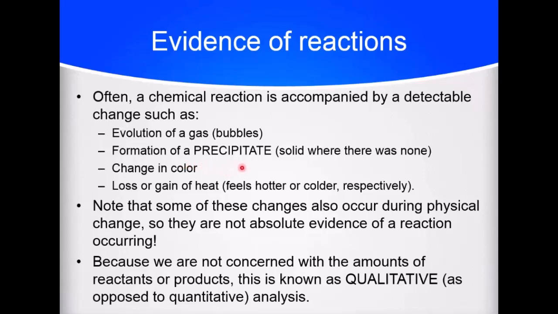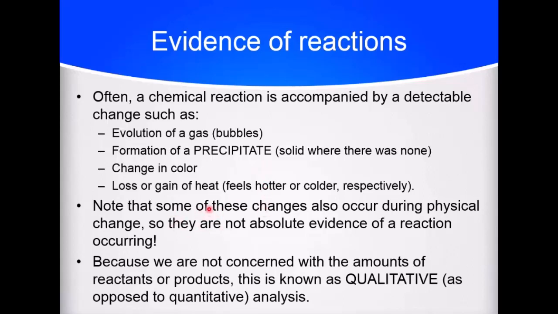Change in color can indicate a reaction, but could also indicate a physical change. Some things are thermochromic, where they change color upon changing temperature. And something feeling hot or something feeling cold could indicate a gain or loss of heat through a chemical reaction, but also could just be a dissolution. Sometimes when you mix things with water, they get hot or they get cold without a chemical reaction occurring.